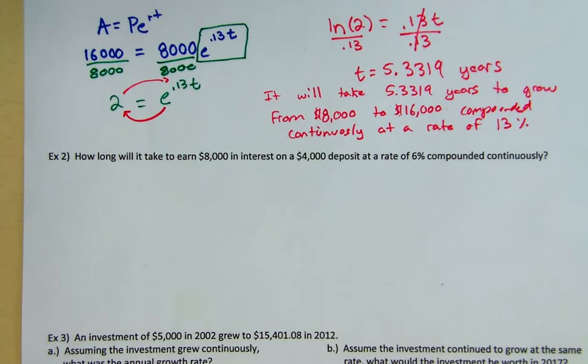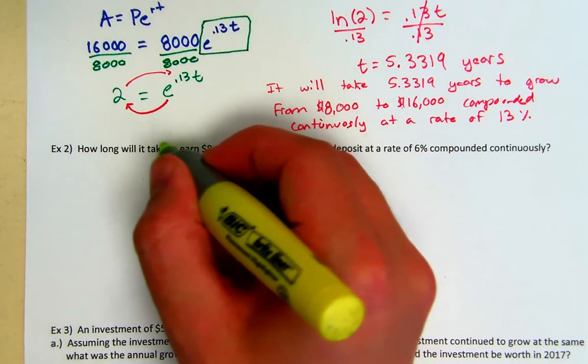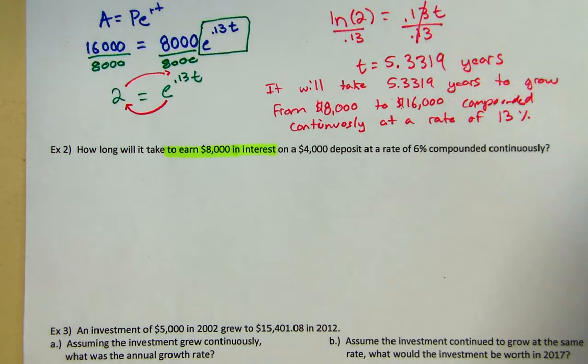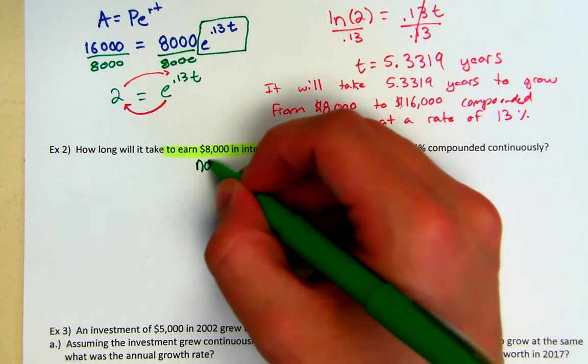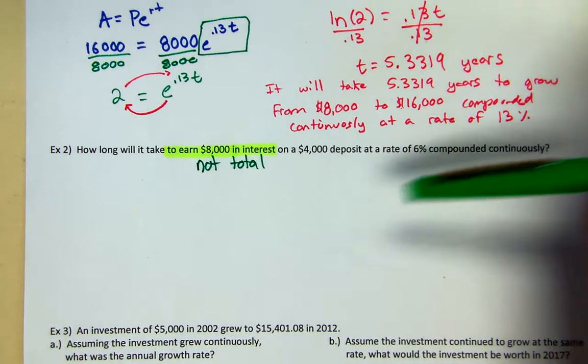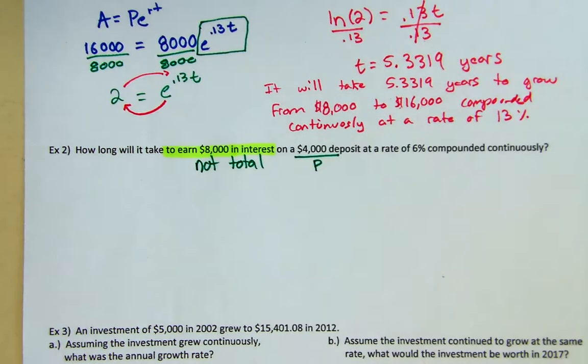Alright? The next example you can try on your own, but there's one thing I would say here: how long will it take to earn $8,000 in interest? That is not the total, so it is not A. On 4,000, that's your principal.